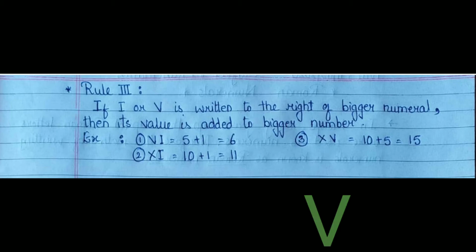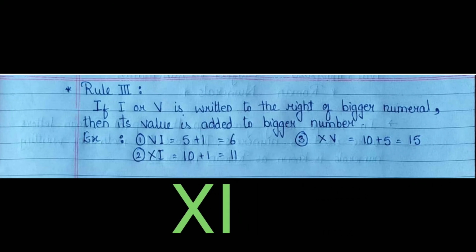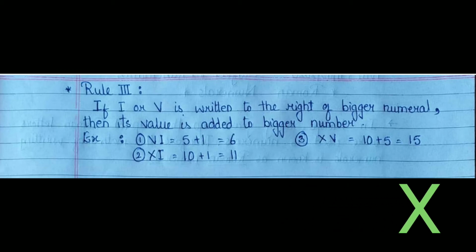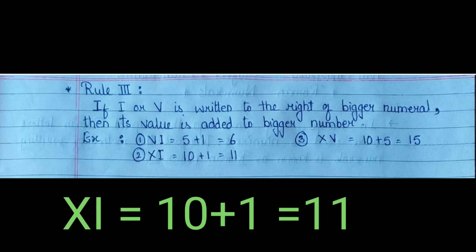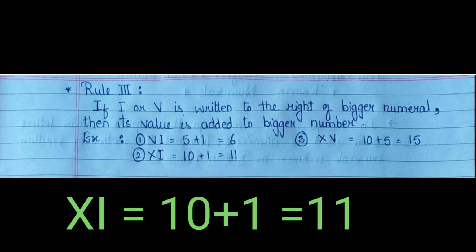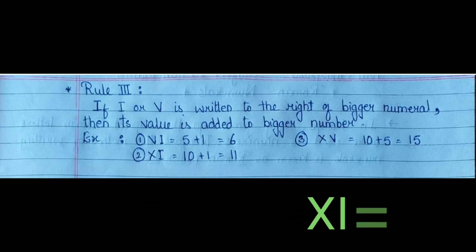Our second example is XI. Here value of X is 10 and I is 1. I is written to the right of X. So, we will add the numbers 10 plus 1, that is equal to 11. Therefore, XI is equal to 11. Let us see one more example.